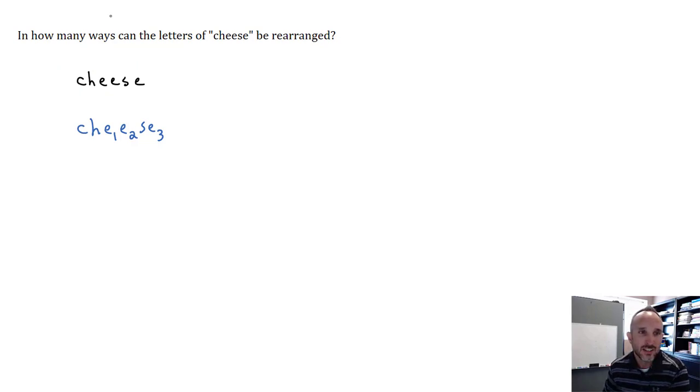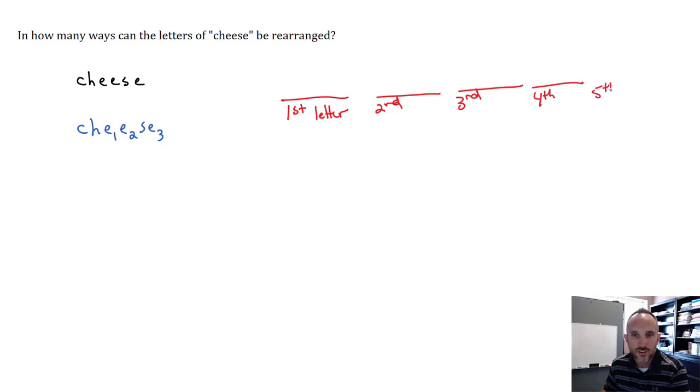The problem is if we were to count the permutations, so let's do that. Same setup, you're going to have 6 letters, so you're going to have a first letter, a second, a third, a fourth, a fifth, and a sixth.